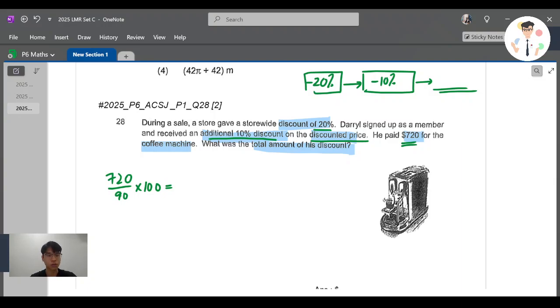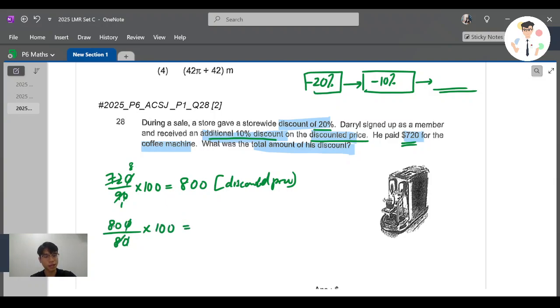You can use a calculator, and simplifying, you know it's 800. This is the discounted price, and you know this discounted price is actually 80% of the original. So if you want to find the original amount, you are supposed to divide by 80 and times 100.